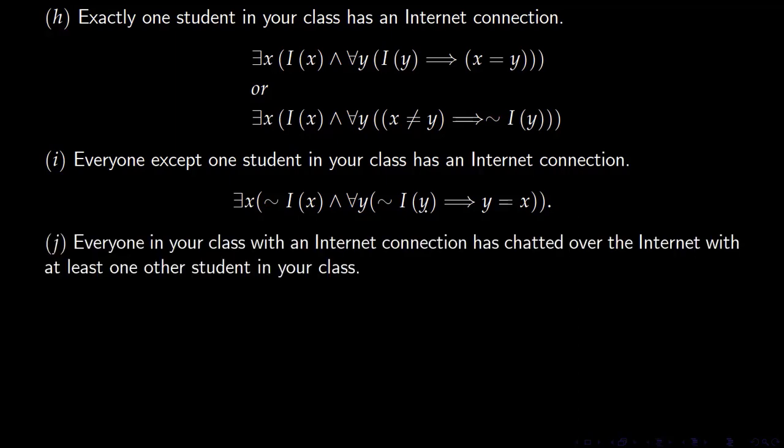Then, everyone in your class with an internet connection has chatted over the internet with at least one other student in your class. This can be expressed as: everyone means for all X. So for all X, if X has an internet connection, then there exists a student Y such that X has chatted with Y and X is not equal to Y. This is important.